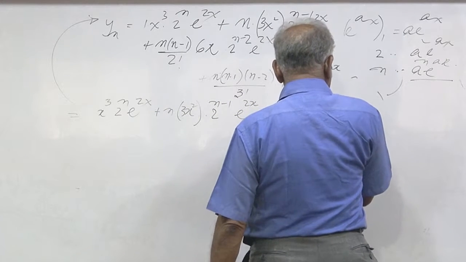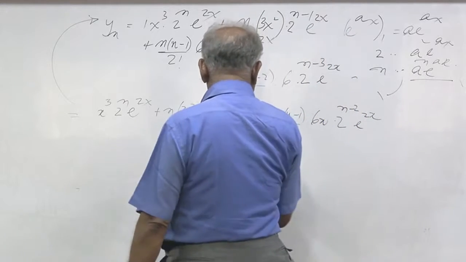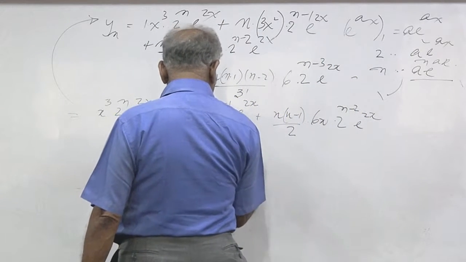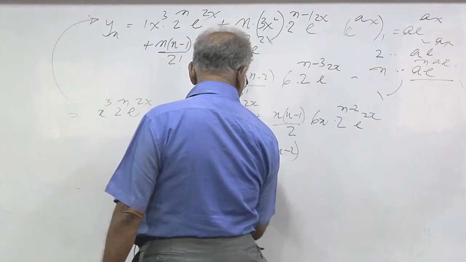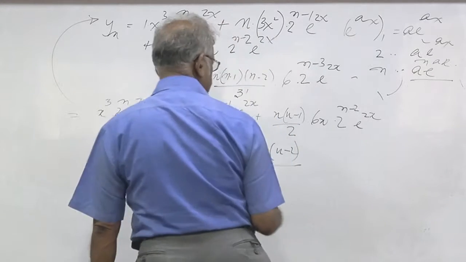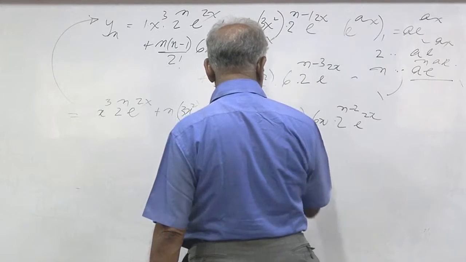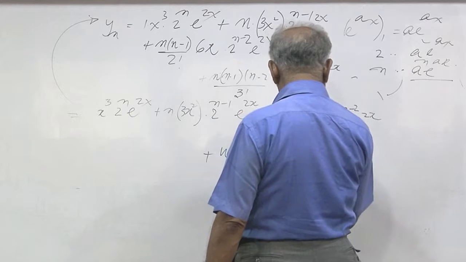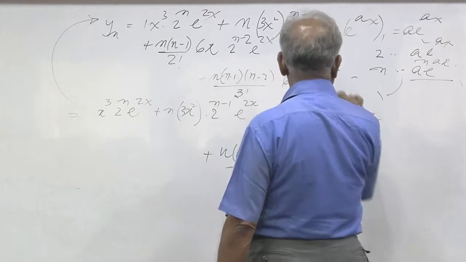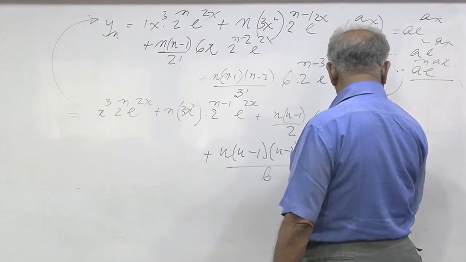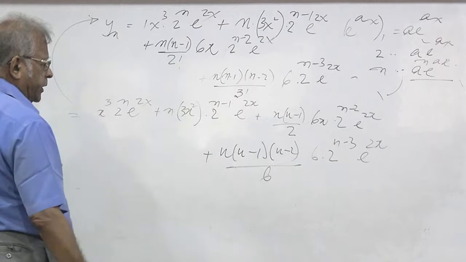Next term is n(n minus 1)(n minus 2), factorial 3 is 6, and there is a 6 here. There is a 2 to the power of n minus 3 and there is an e to the power of 2x. So, all the terms captured here.